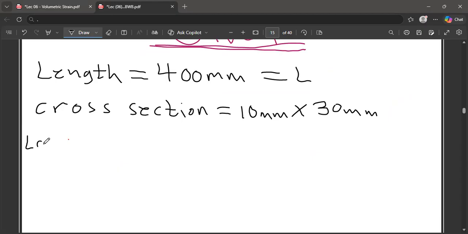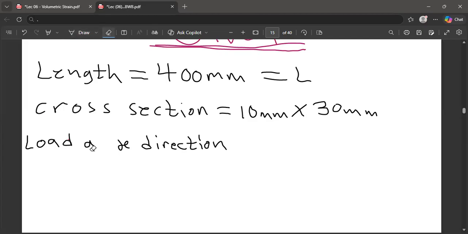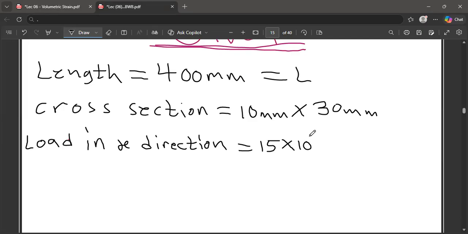So this is the load at x direction. If we want to be more logical, we say that the load in x direction is equal to what? 15 kilonewton, that is 15 times 10 exponent 3 Newton.